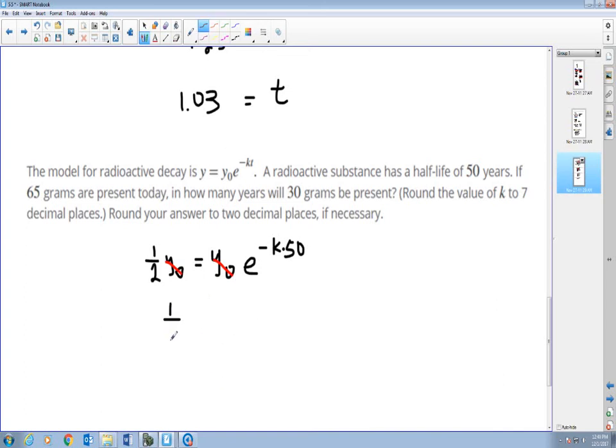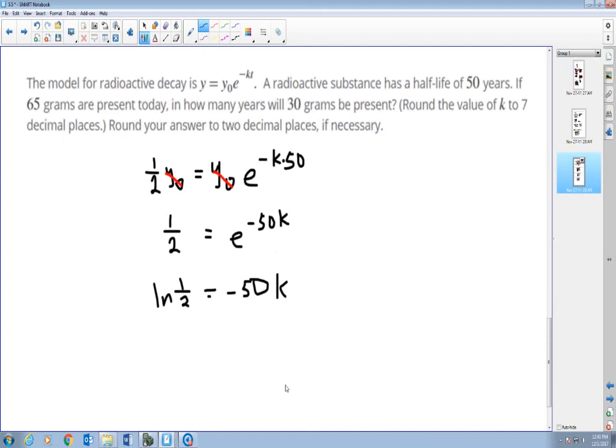That leaves me with one half equal to e to the negative 50k. Now I will take a natural log on both sides. That leaves me with natural log of a half equal to negative 50k. Now to find my decay rate, we divide both sides by negative 50.